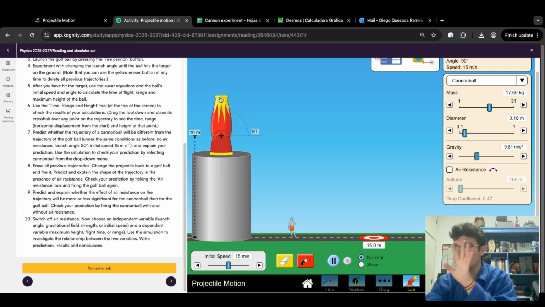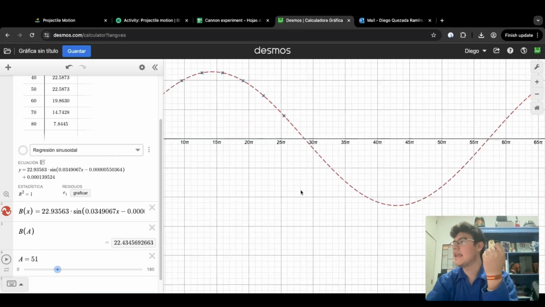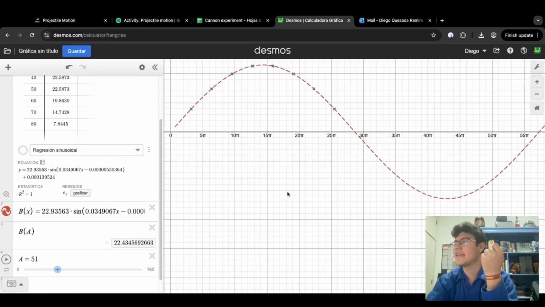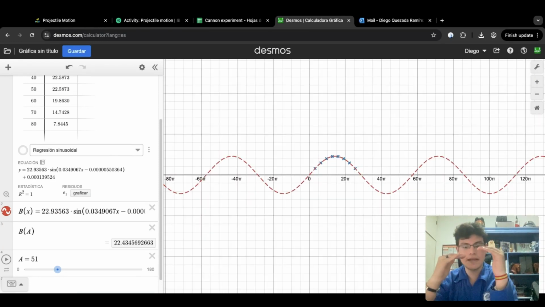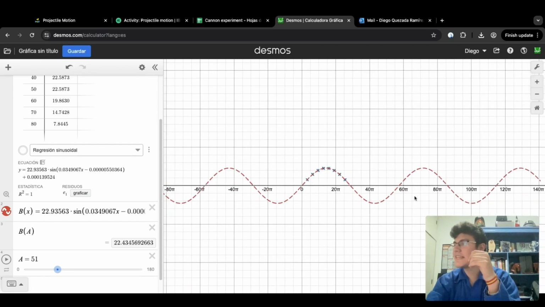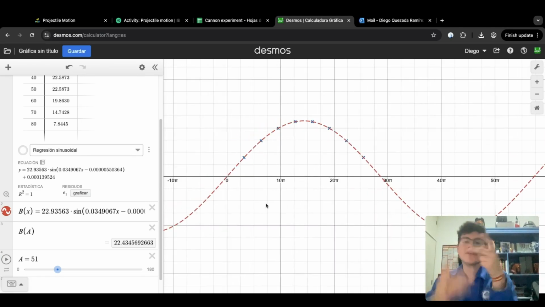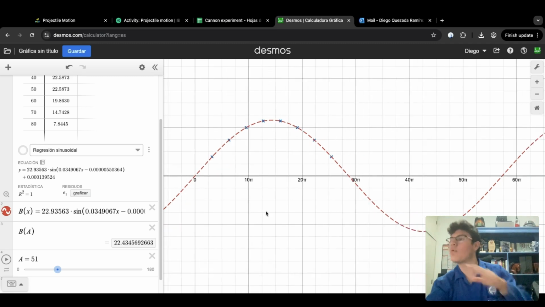But if, for some reason, I were able to shoot it the other way around, like more than 90 degrees, I would be going in the other direction, having these negative parts of my displacement on the x-axis. And we can clearly see that it's a sinusoidal function because it alternates between going one way or the other. We only have 360 degrees, so it wouldn't make sense to have more than that. It needs to be oscillating in this kind of wave.